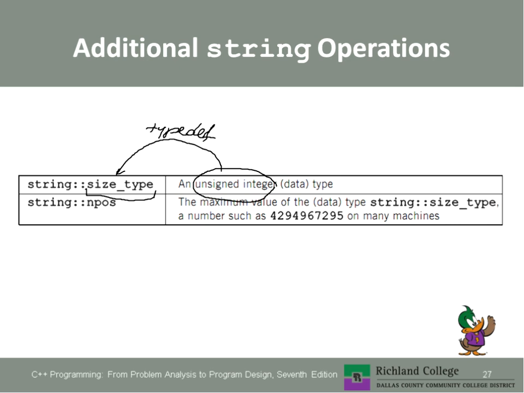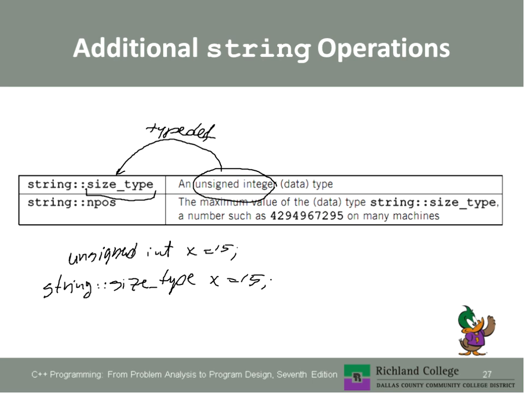So really, if you want to say unsigned integer x equals 15, you could also say string::size_type x equals 15.